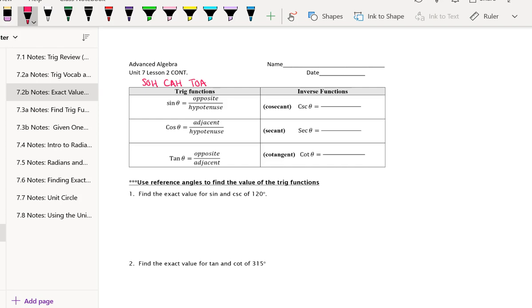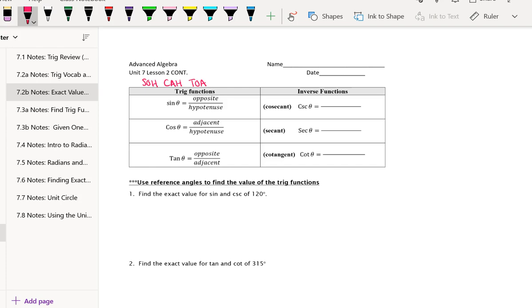So it's sometimes tempting to think, well, cosine goes with cosecant and sine goes with secant because of just the way that the letters sound and the starts of the words. But you have to remember that they are opposites of one another.